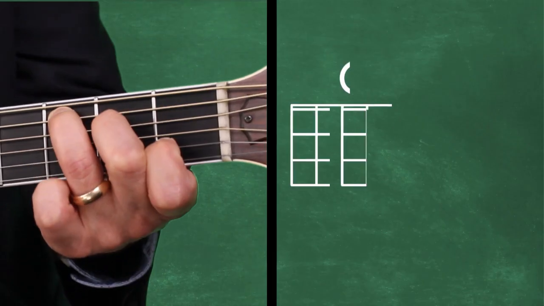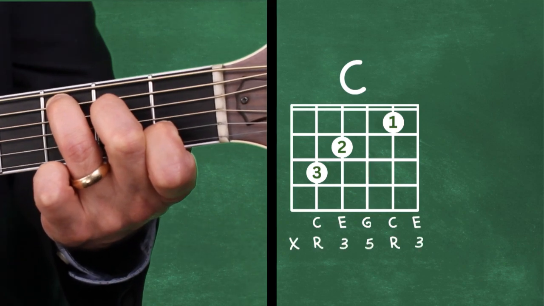Learning chord formulas here in the Chord Lab will allow us to be more intentional about the ingredients in each chord we play. So let's start with this root position, open C major chord. It's one of the first chords I learned on the guitar, and it might be one of the first chords you learned. The shape looks like this.